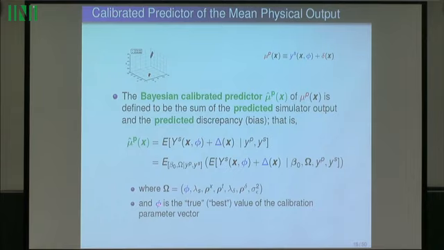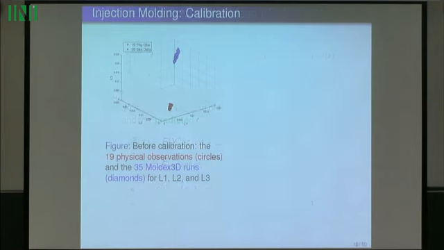Yes. Many of the talks so far have been on estimating these unknown parameters, and I do want to estimate them, but I don't particularly need them to be the exact value of the heat transfer coefficient. I need them to be some value that's going to correct the bias in the prediction. So that's a little bit different from what we've been talking about so far in the conference, I think.